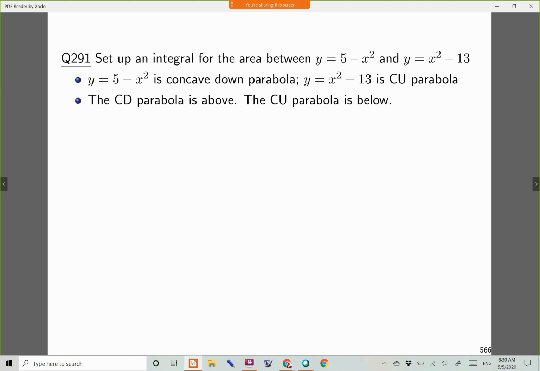So think about how those would be shaped. You've got a concave down parabola, you've got a concave up parabola. Just draw any concave down parabola and any concave up parabola. If they intersect at all, the concave down parabola has to be the one that's above. The concave up parabola has to be below. There's a shaded region in the middle.